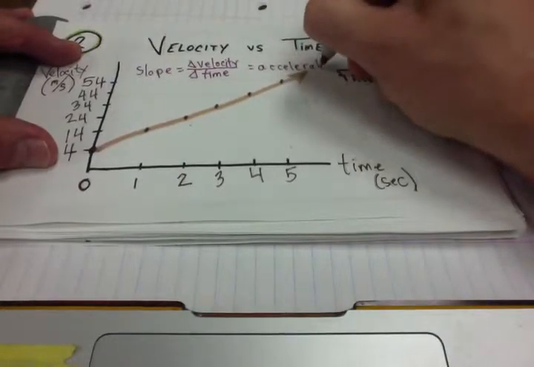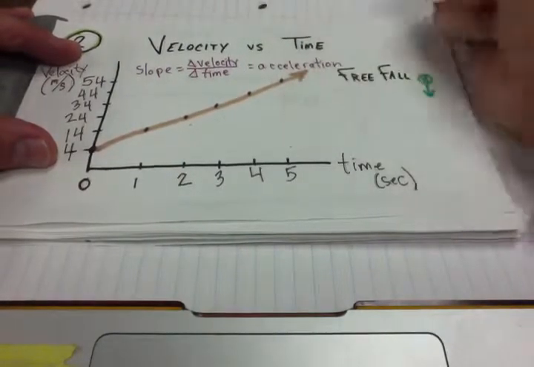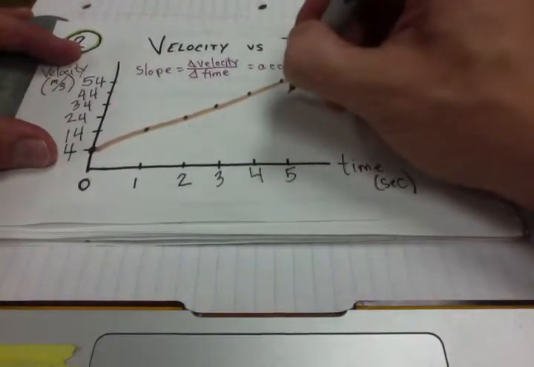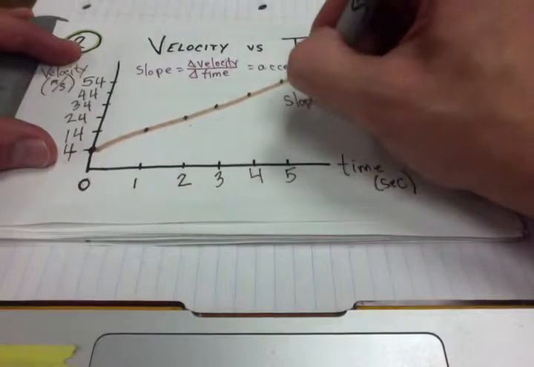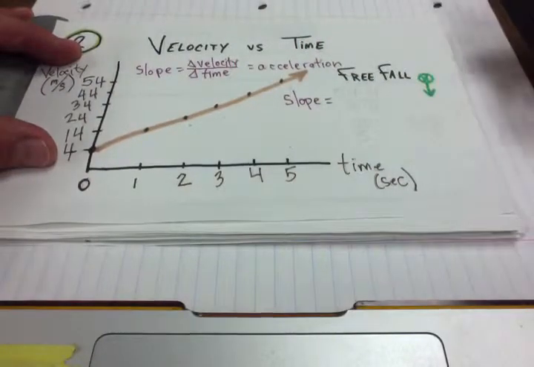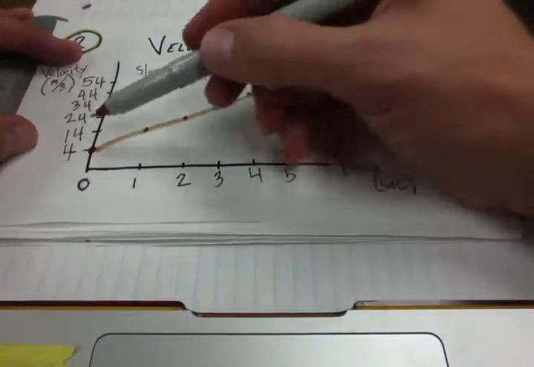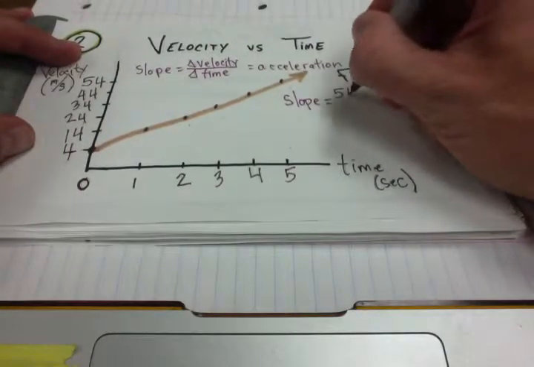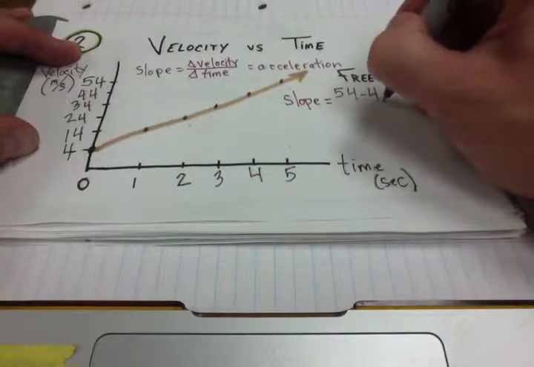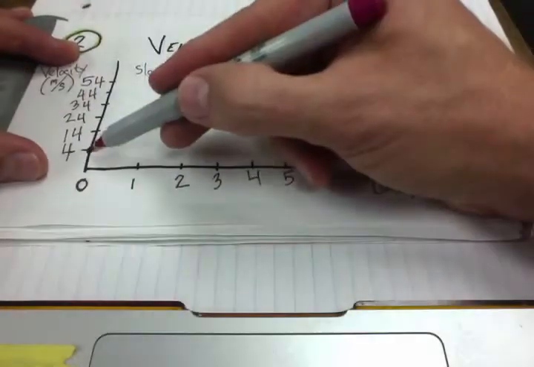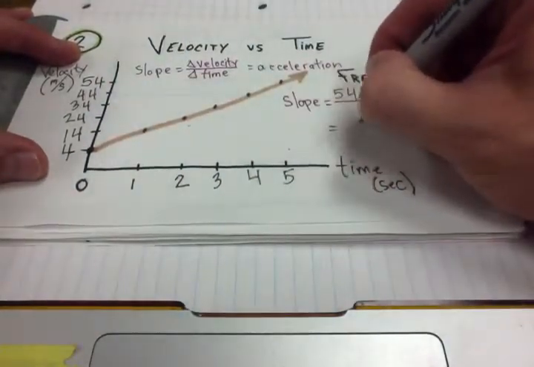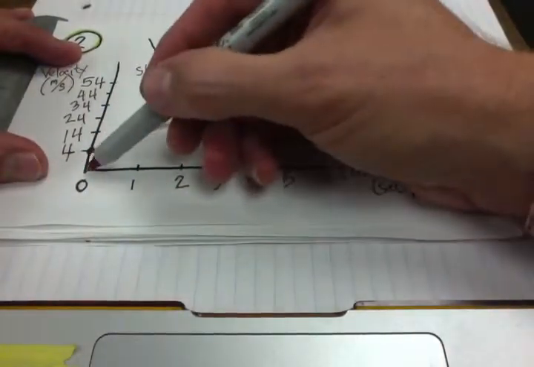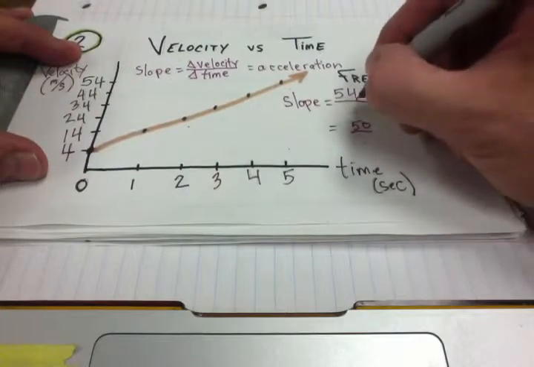So if this really is a tennis ball falling off one of the taller buildings in town, if it is this tennis ball in free fall, if I wanted to put numbers to this, and once again, I like rise over run. So my change in y, I'm going from 4 up to 54. So I'm going up 50. I'm going across from 0 to 5.